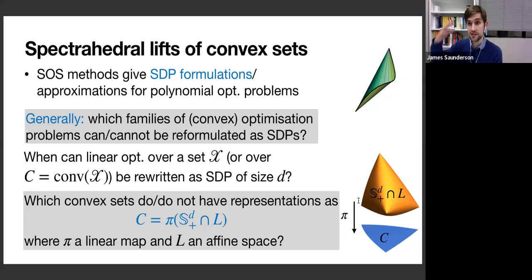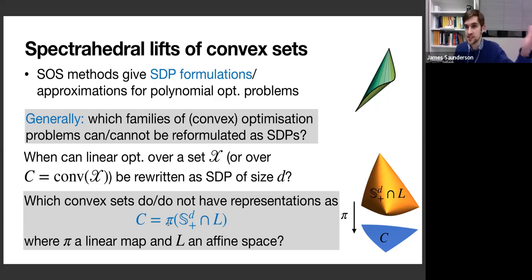All right, so we allow this lifting up to a higher dimensional space, which is very standard in linear programming, usually called extended formulations. So the question then is, given a convex set, does it or does it not have a description as the projection of an affine slice of the PSD cone, or the projection of a spectrahedron? And this projection is a linear map, a linear projection.